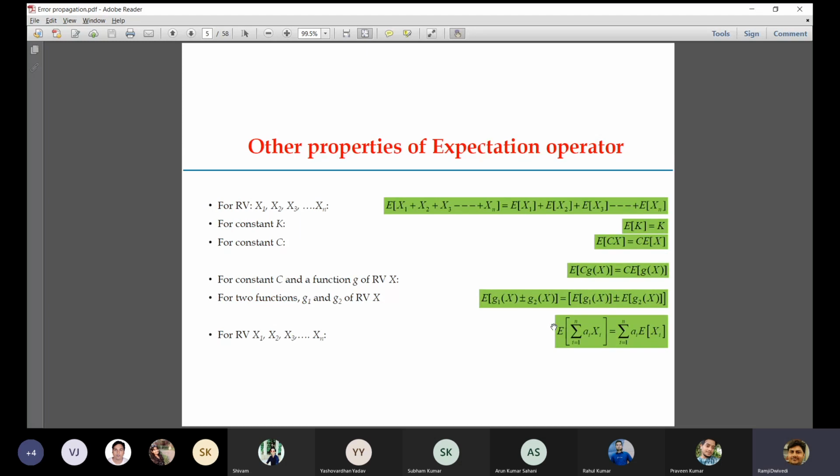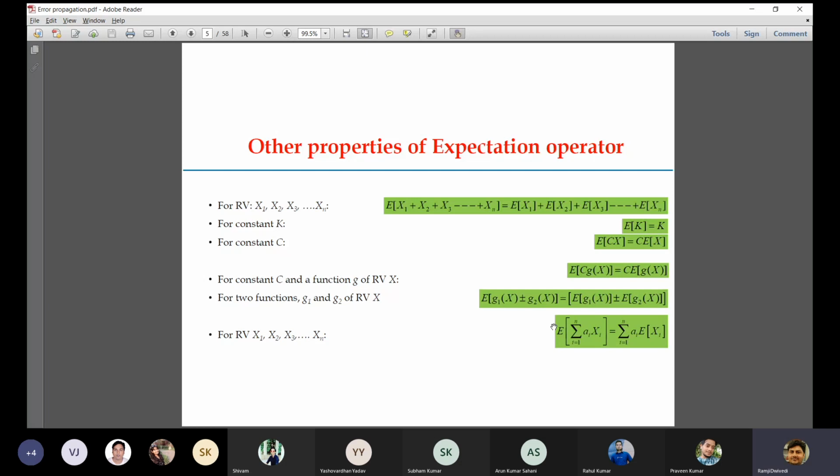So properties, just like you have some algebraic properties for random variables x1, x2, x3, and xn, if a new variable z is formed by adding all these random variables, x1 plus x2 plus x3 plus xn, then the expectation would be given as E of x1 plus x2.